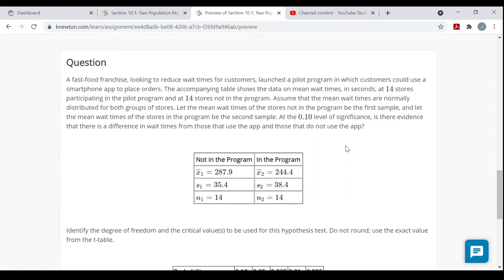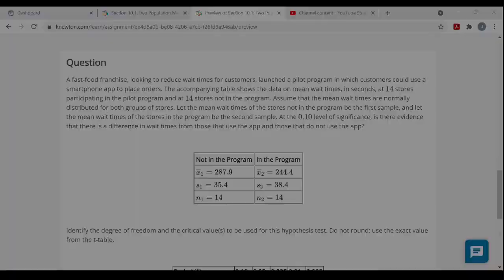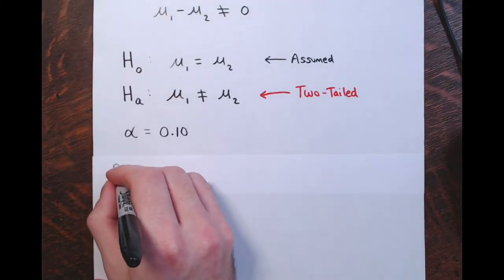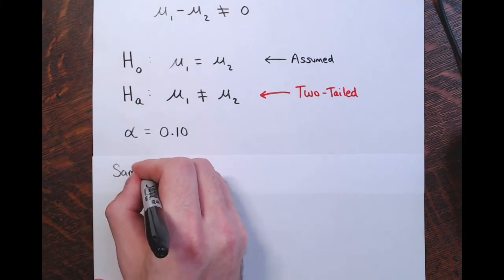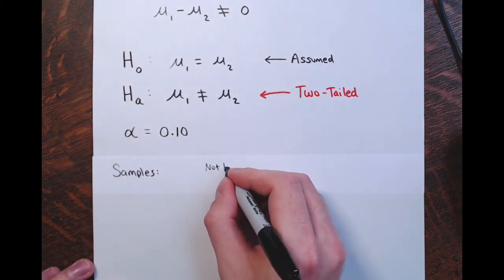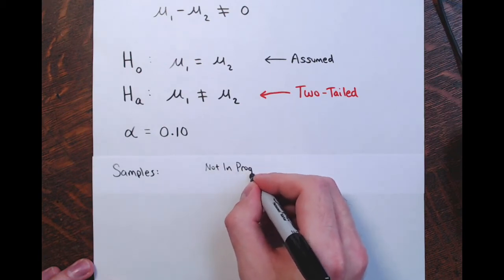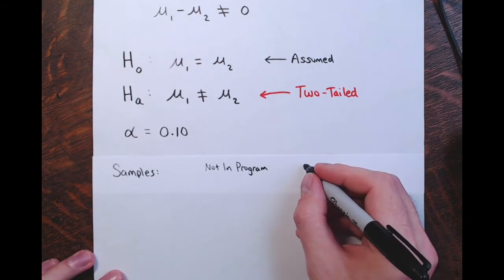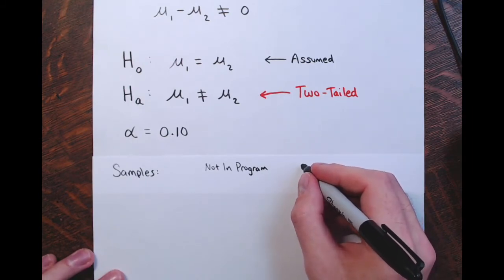So remember, this is the calculation of the test statistic part. Right? So I'm going to write down all this information on paper. So we take a sample from each, and again, I'll write down this information. Not in program. This is population 1, the people not using the app, and their average wait times and stuff.